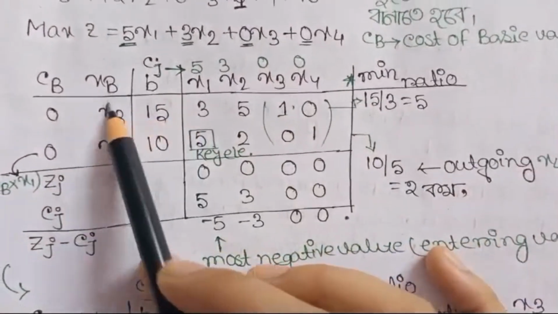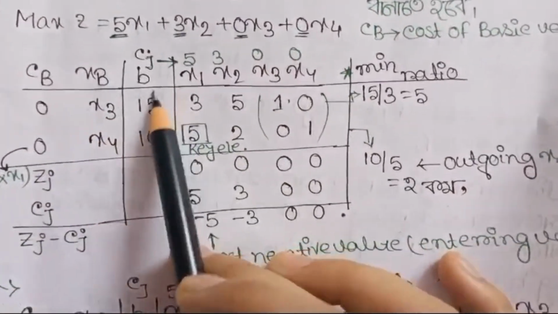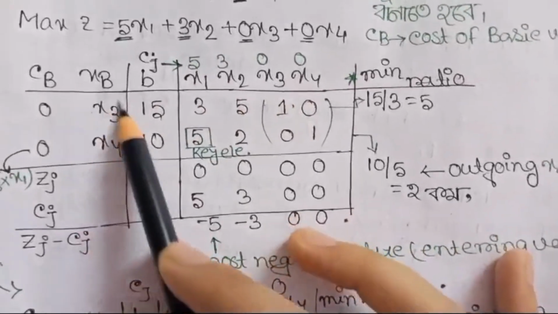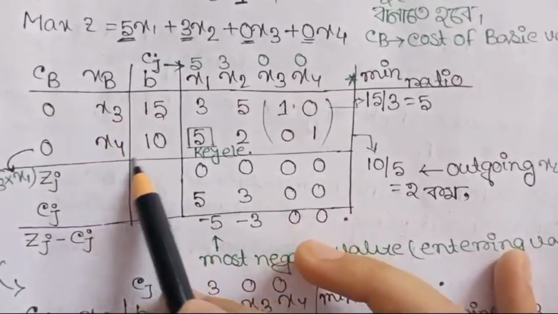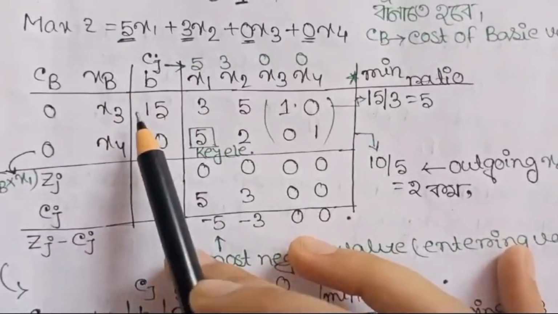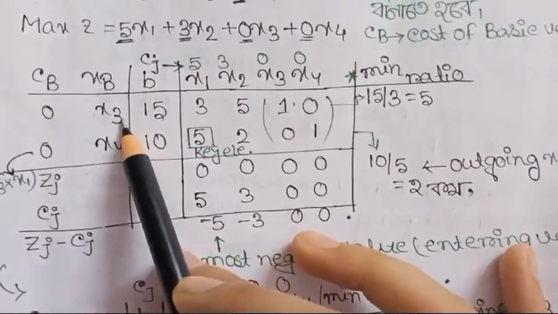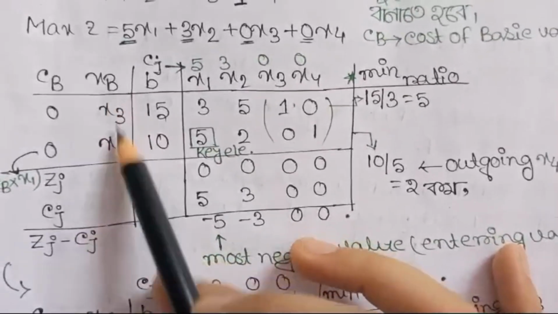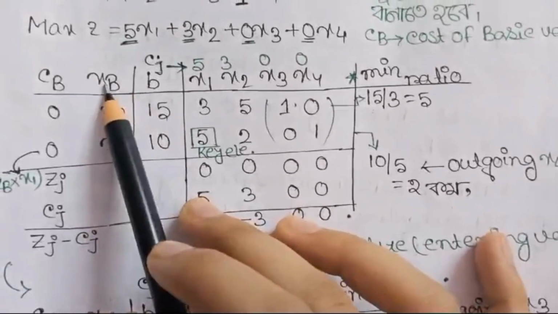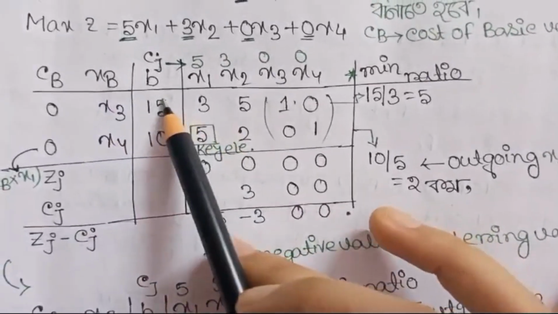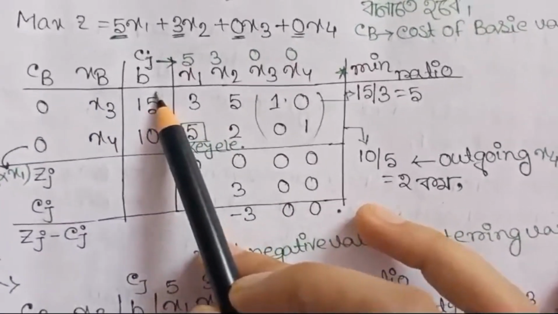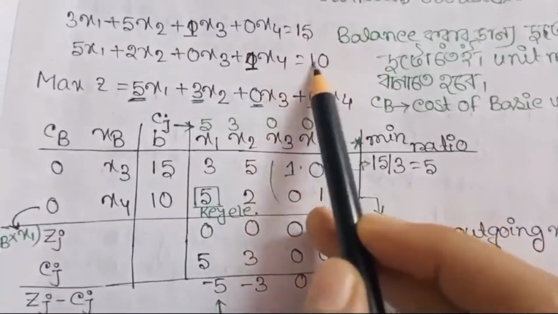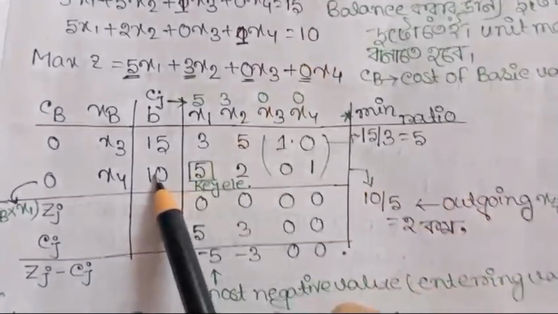Now we have to write down this cj like this, and those extra variables we have added in our function. That means the two slack variables we have added, x3 and x4, we have written in the xb position, and in the b position we have written the two values 15 and 10.